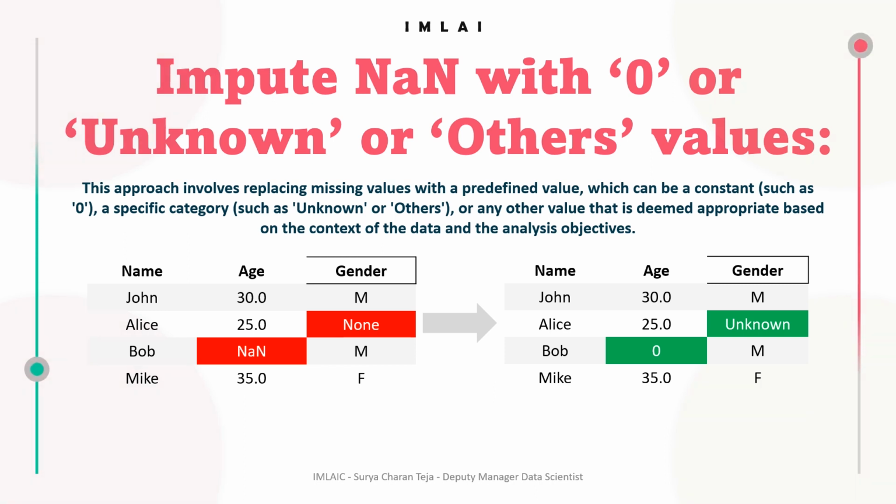Therefore, it's important to carefully consider the implications of imputing missing values with a specific value, and to choose an appropriate imputation strategy based on the characteristics of the data and the analysis objective.